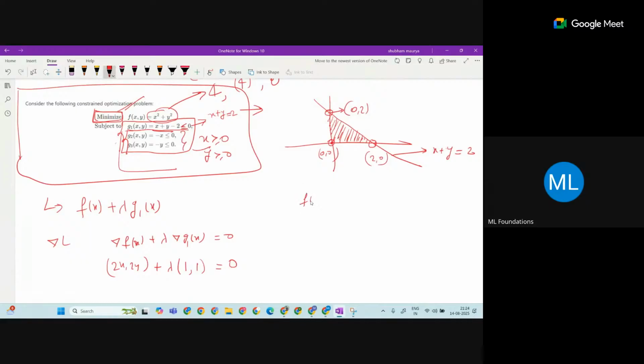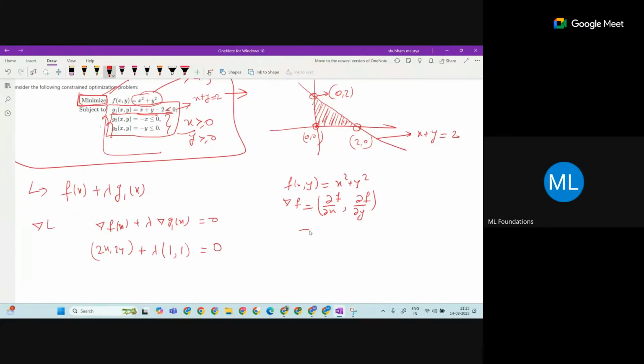The first is f(x, y), x square plus y. The gradient of it is nothing but the partial derivative of f with respect to x and the partial derivative of f with respect to y. This gradient function is a vector valued function, so it's a vector. So here it is. This is going to be, if you differentiate f with respect to x.